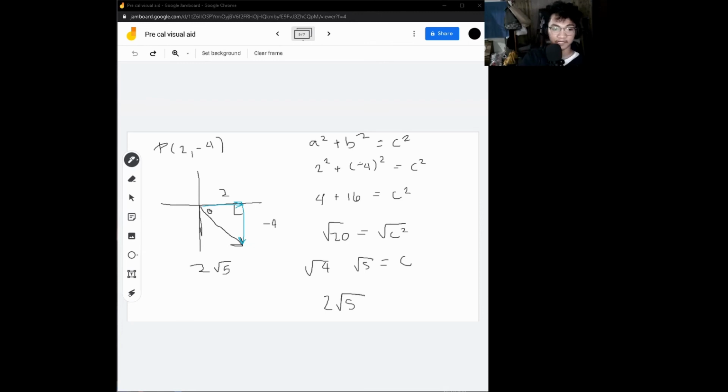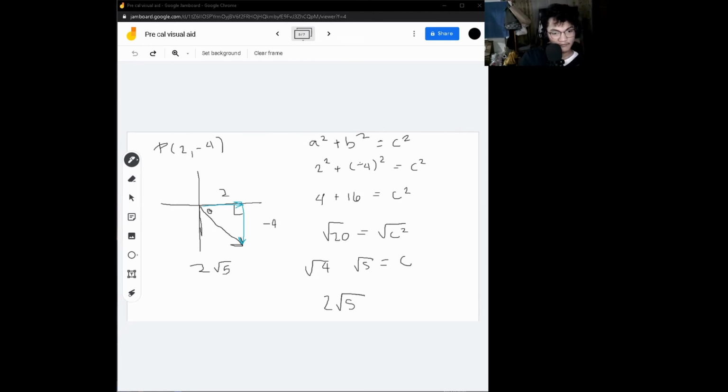Now that we have the hypotenuse, we can find everything else. So 2 is on the adjacent side relative to theta, negative 4 is on the opposite side, and 2 square root of 5 is the hypotenuse. Sine theta, which is y divided by r, is equal to the opposite side divided by the hypotenuse.